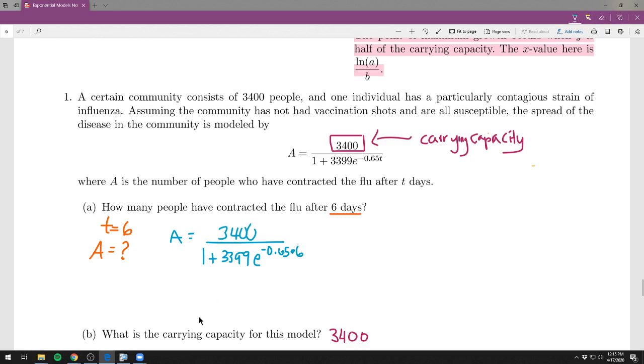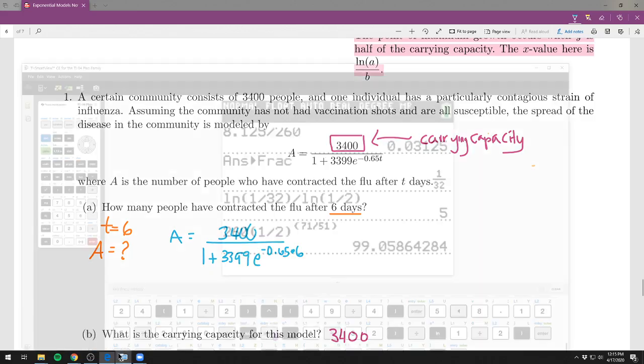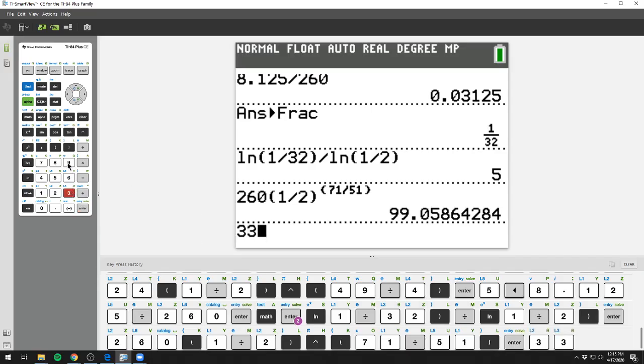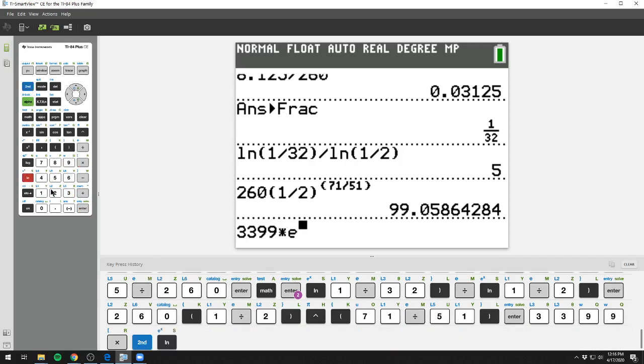Right, and your graphing calculator, if you have one, is more than capable of doing this whole thing at once. If you want to break it down into the steps, I would simplify the exponential part right here. So 3,399 times e raised to the negative 0.65 times 6.